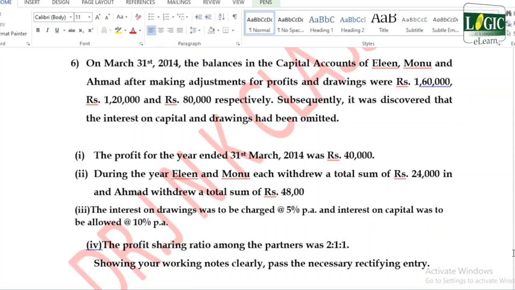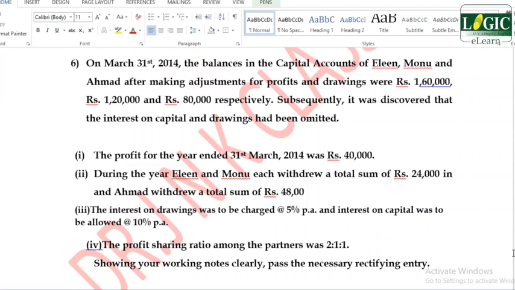You all, all of a sudden, will see the question and take the capital account balance and will compute interest on capital. But see, interest on capital is calculated on the opening balance of capital and not on the closing balance of capital. So how will you identify that this is a closing balance of capital?